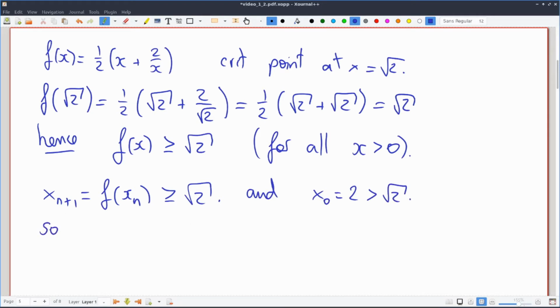So all the terms in the sequence are greater than or equal to root 2, which is what we were supposed to do. Good. So now let's take a look at step 2.